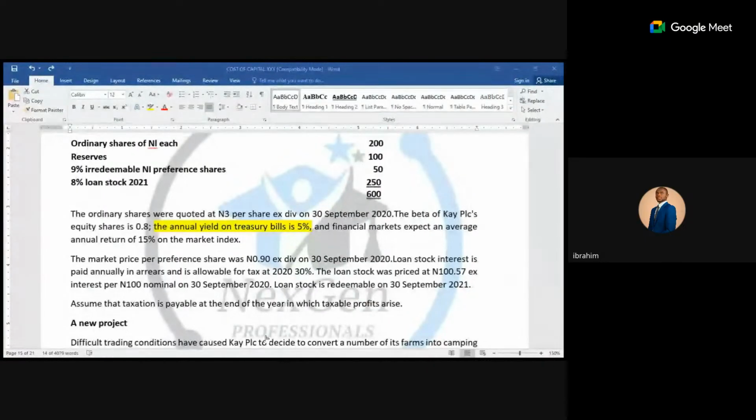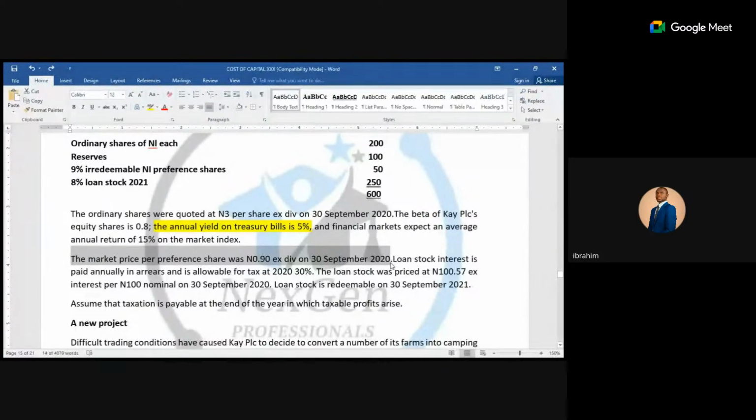The market price you see as of today in the NGX is cum div, because you are yet to deduct the dividend. So immediately they say their current dividend is this, they will pay a dividend of 5 naira. Quickly, if you remove the dividend from the market price, you have the market price ex div. That is for the preference shares.